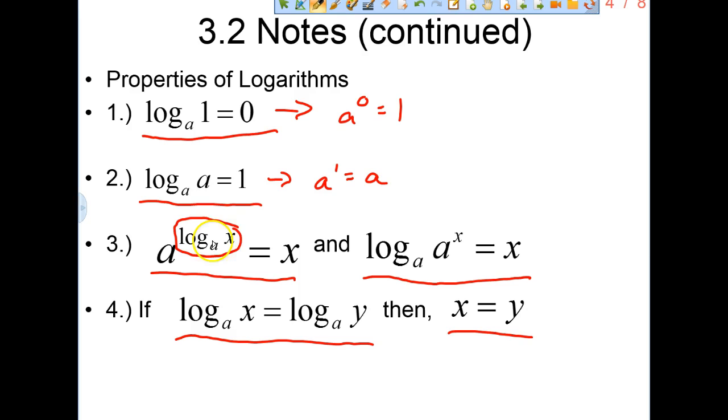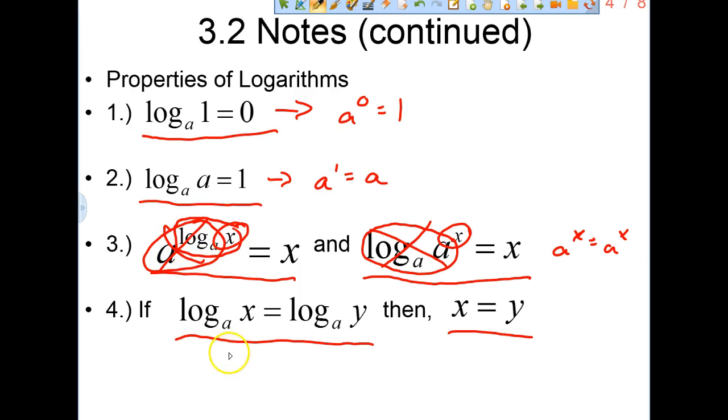So that would have to be, like if you look over here, a to the x equals a to the x, right? And so, of course, that makes sense. And so, basically, this number 3 is helping us to realize that the exponential base a and the log base a are inverses, and so they essentially cancel each other out, leaving us just with x on both of those.